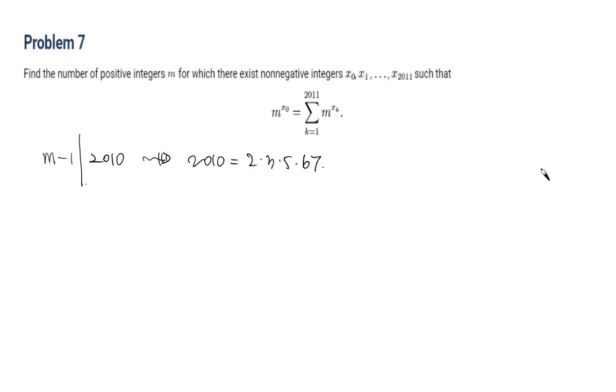So how many factors do you find out there? The number of factors is supposed to be 2 times 2 times 2 times 2. There are 16 factors, so to speak. So m minus 1 can be 16 different numbers, so there are 16 values of m. Hence, the solution for our question is 16.